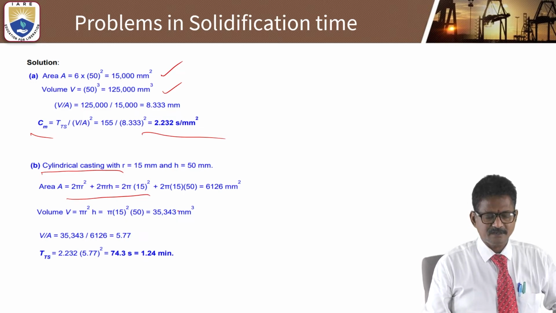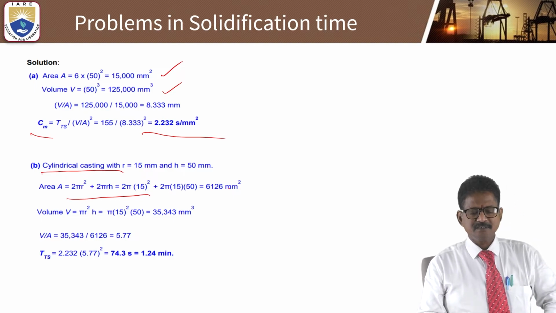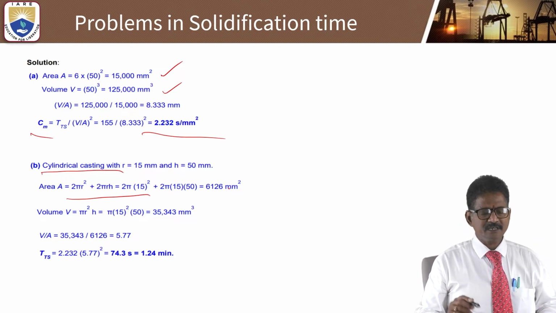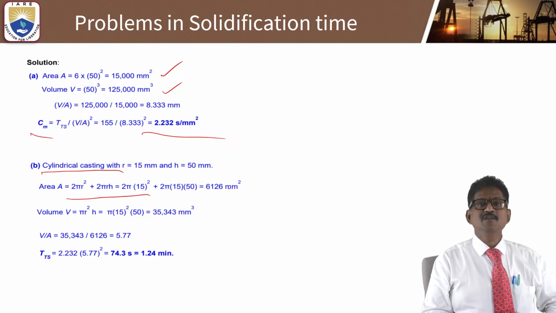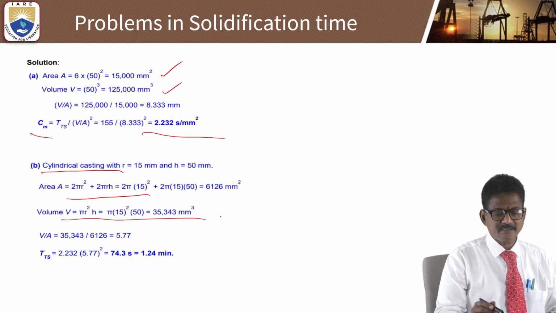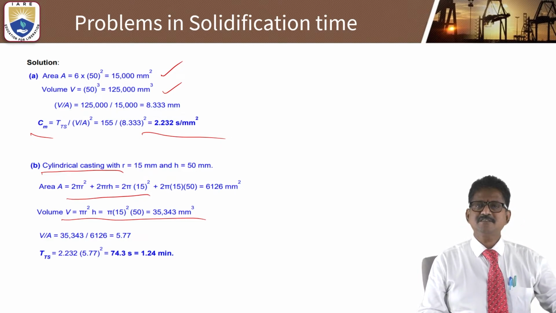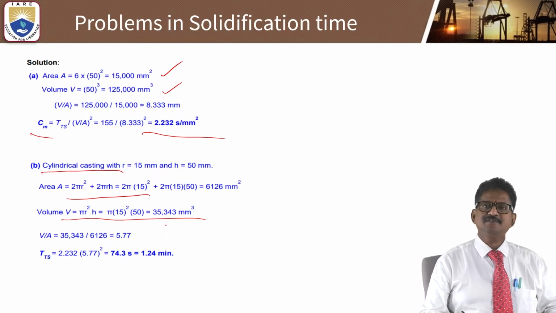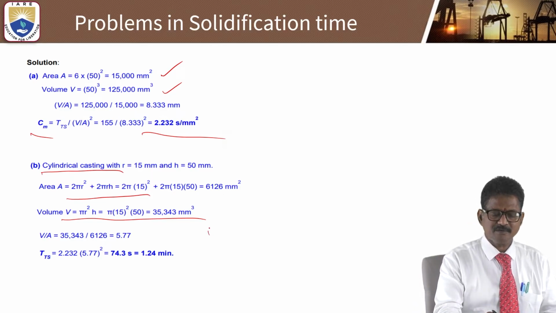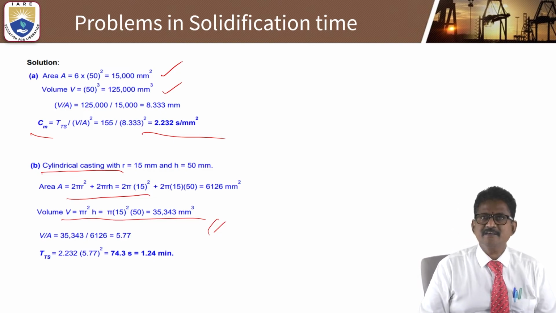Okay, so you can simplify it to 6,618, 6,128 mm square, and volume V is equal to pi r square h, where pi into r means 15 whole square into h. The volume is 35,343 mm cube. Okay, and volume by surface area is already calculated.